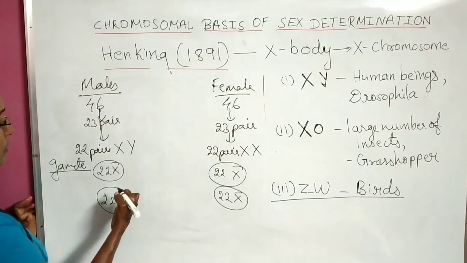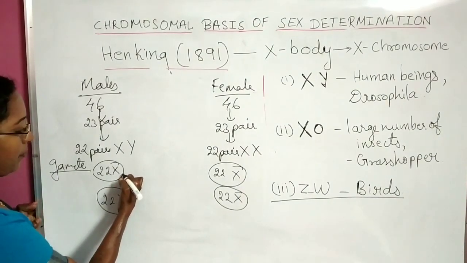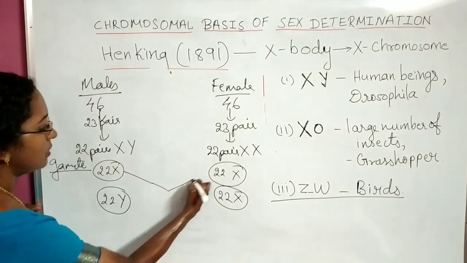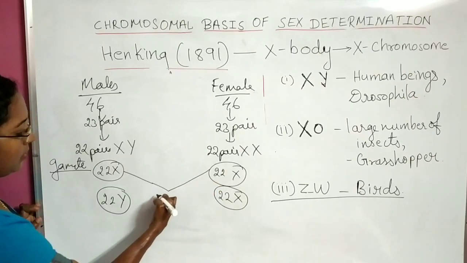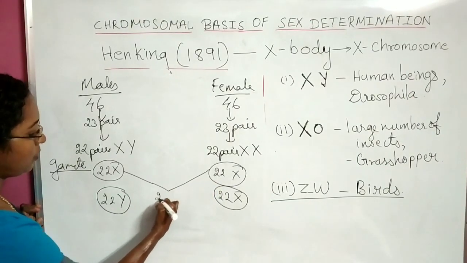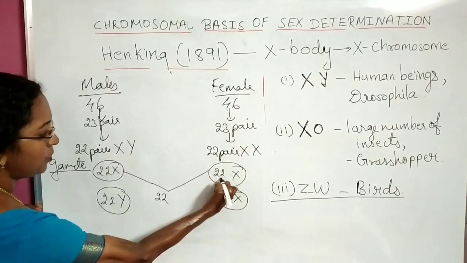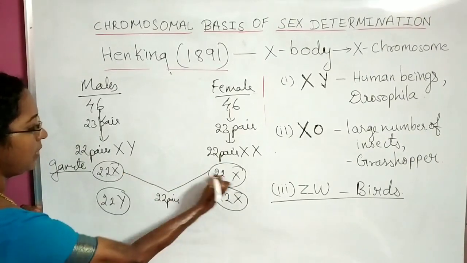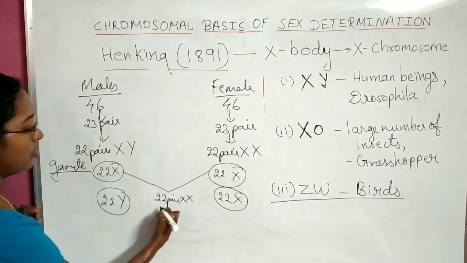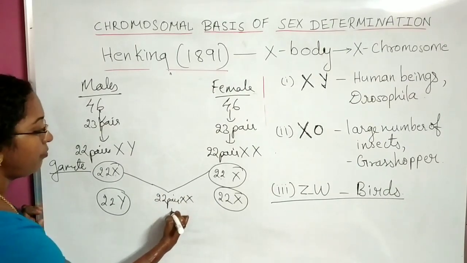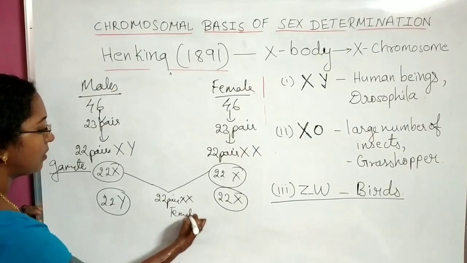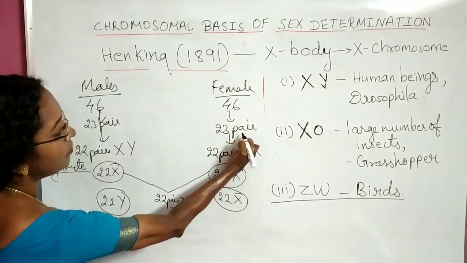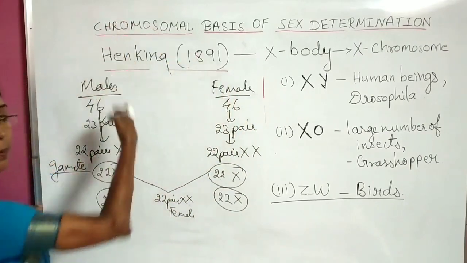Now comes the question. If this male gamete is going to fuse with this female gamete, what will be the progeny? 22 here, 22 here. So again I am writing 22 pairs plus XX. So progeny is going to be female. Isn't it? 22 pair XX, that forms 23 pair, 46, that is female.